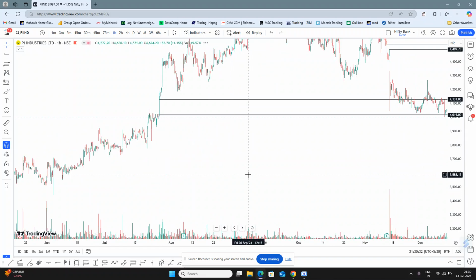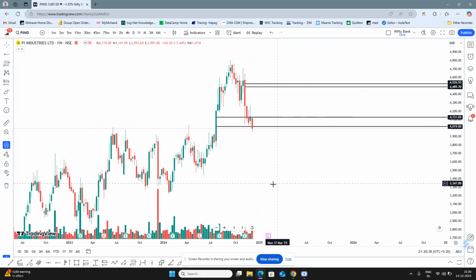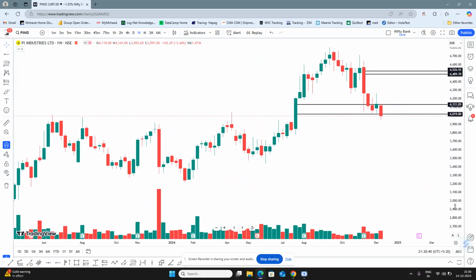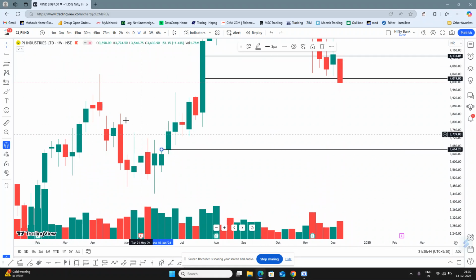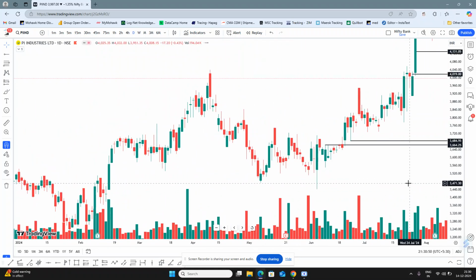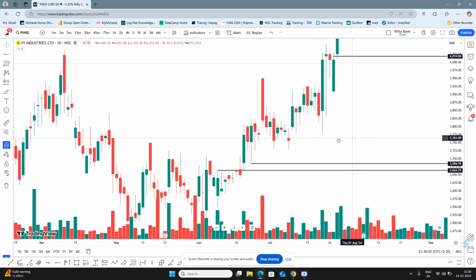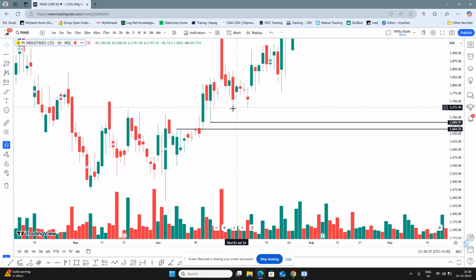Right. I mean, if we want to short it, then we have to see what are these zones that we can target. Let's see. Okay, so in weekly we have this zone as well. If we want to short it on daily, let's see what is the best possible thing.